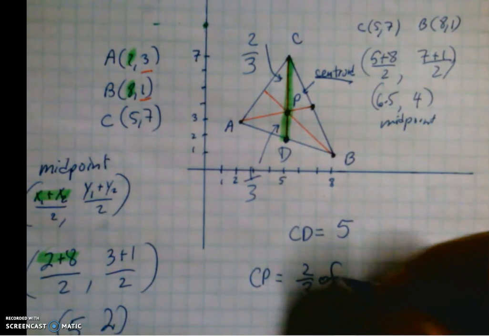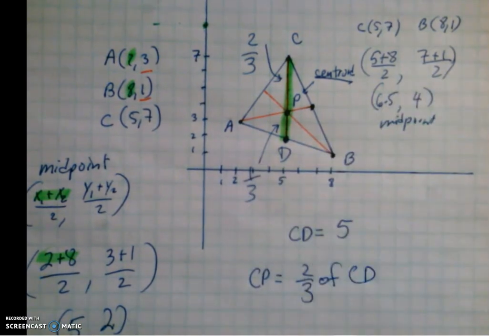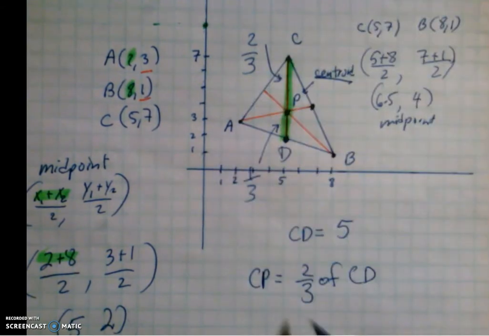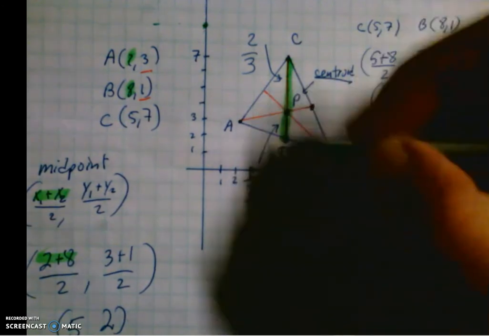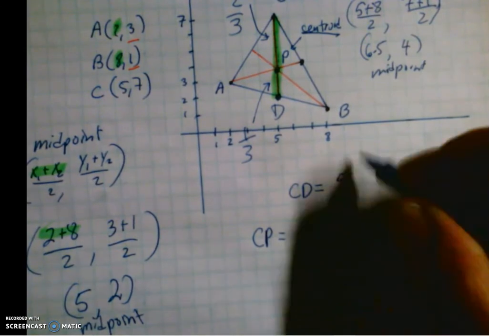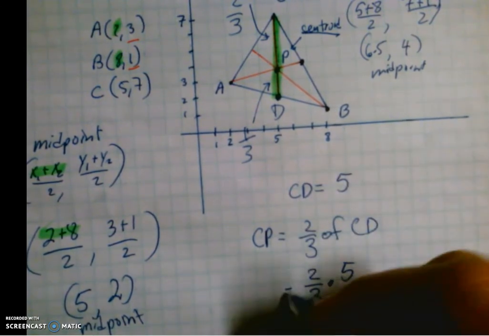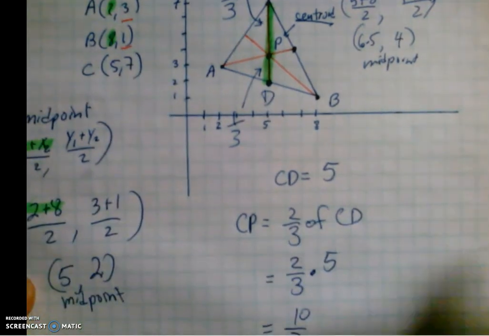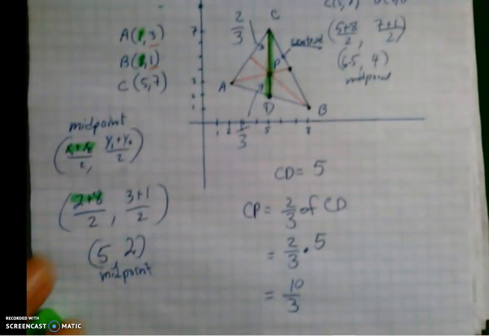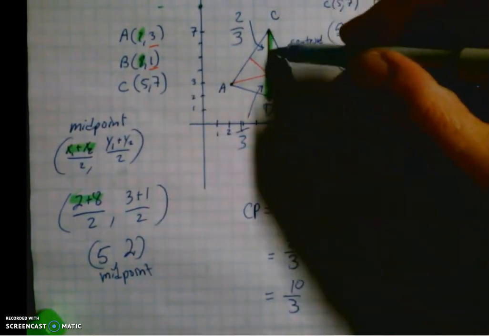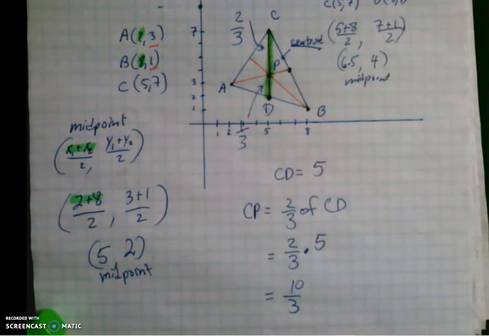CP, from C to P, is 2/3 of the way. CP is 2/3 of the total CD, so it's 2/3 of 5, which equals 10/3. Again, the total is 5 because we counted from C down to D.